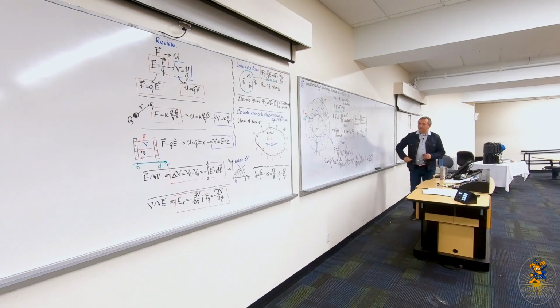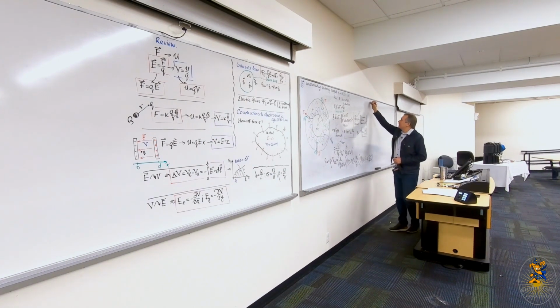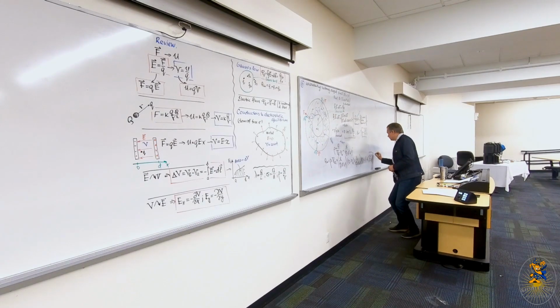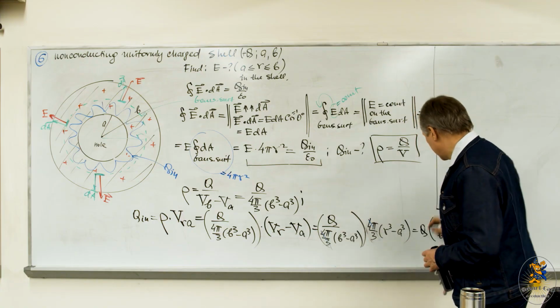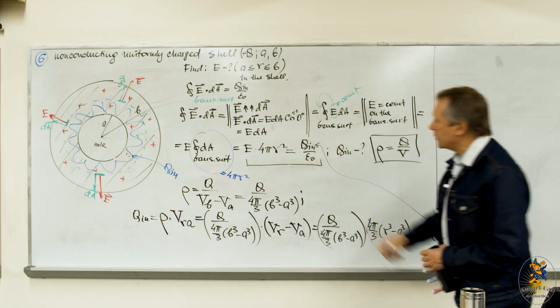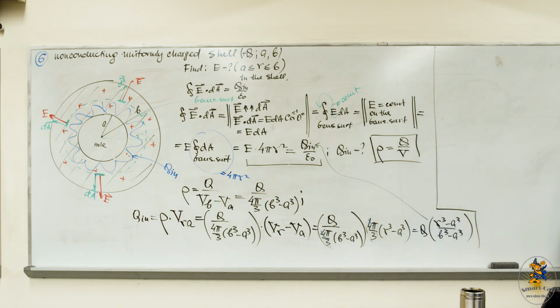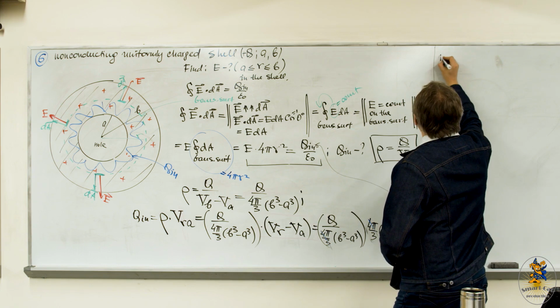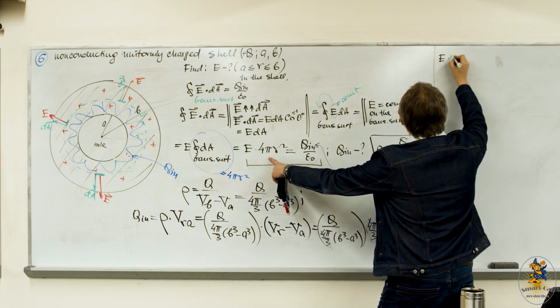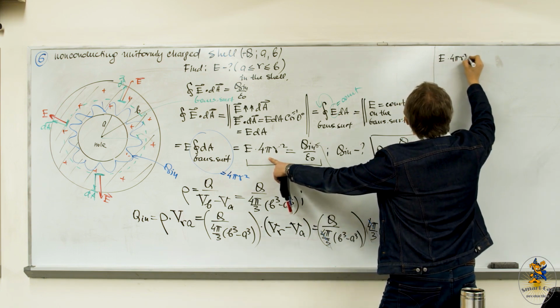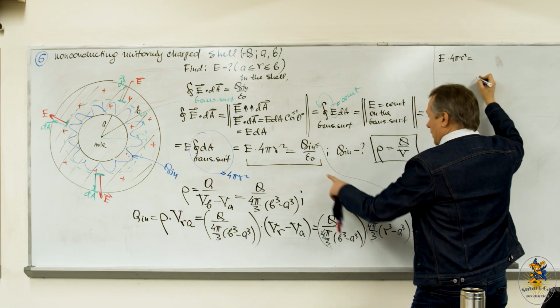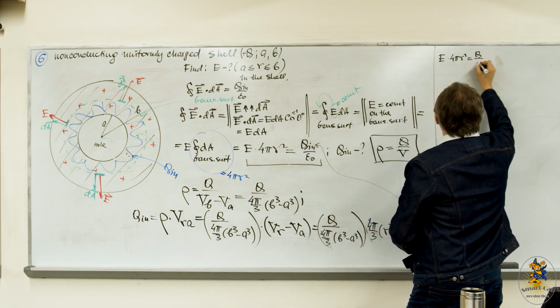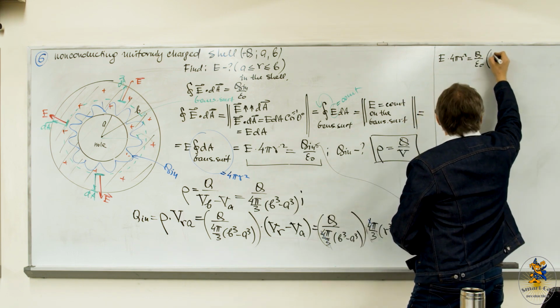Okay, so let's finally write down the answer. So back to this. This should be inserted into what we left over there. And let's finally write down the result. E times, so I'm just rewriting this, 4 pi r squared equals essentially Q divided by epsilon naught and the ratio of those cubes.